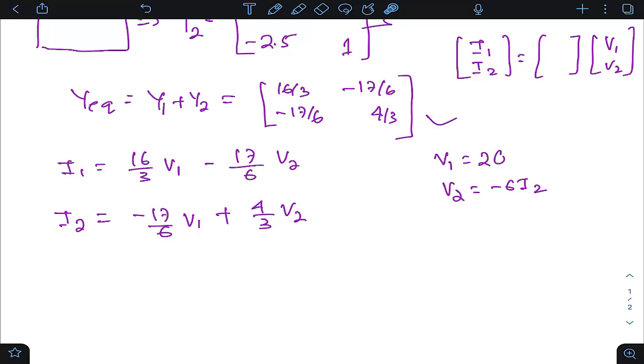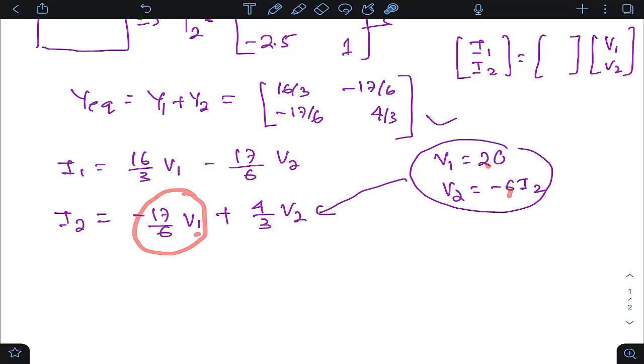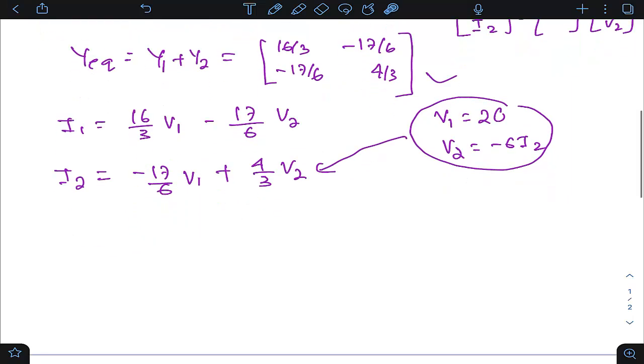Yeah, so instead of substituting in the first equation, let us substitute here. If you substitute here, our job will be over, because V1 is a number and V2 is in terms of minus 6I2, so this equation will be in terms of I2. We can get the value of I2, right? So let us do that.